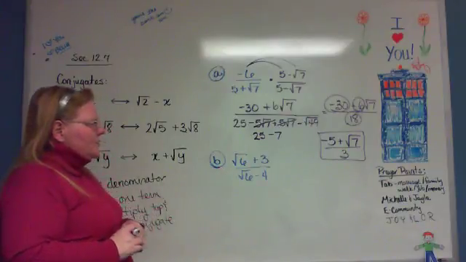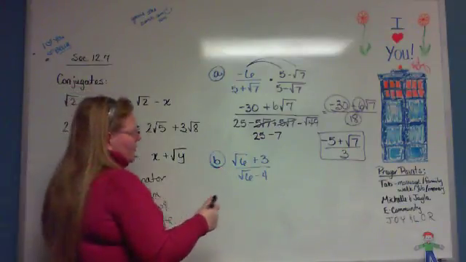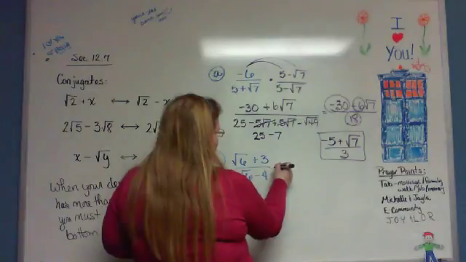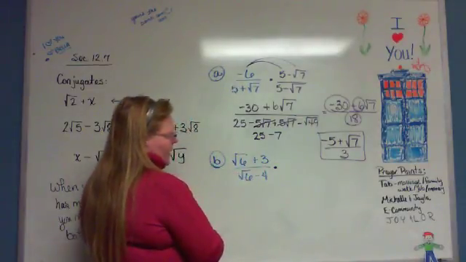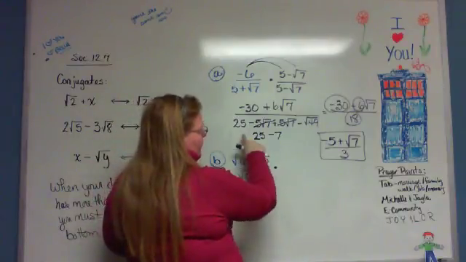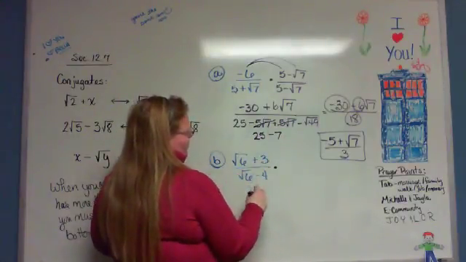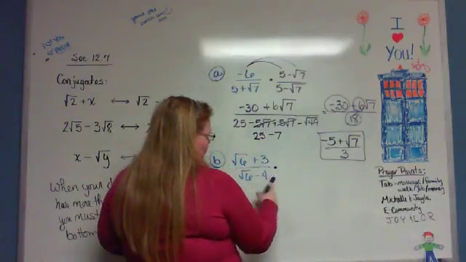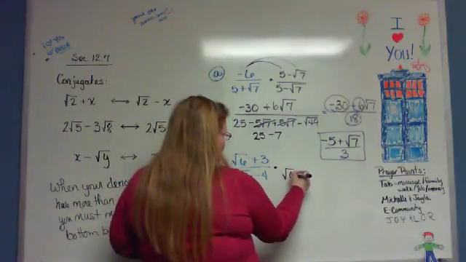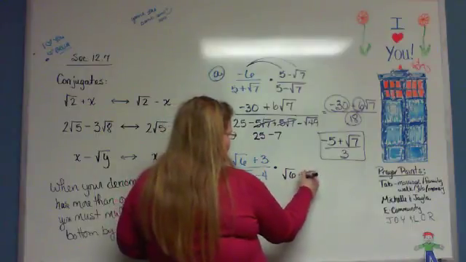For this one, we have to multiply by the conjugate, but it's not just any conjugate. Make sure it's always the conjugate of the bottom, because the whole point of doing that is to get rid of our radicals on the bottom. So the conjugate of the bottom is going to be exactly the same, just a different sign.